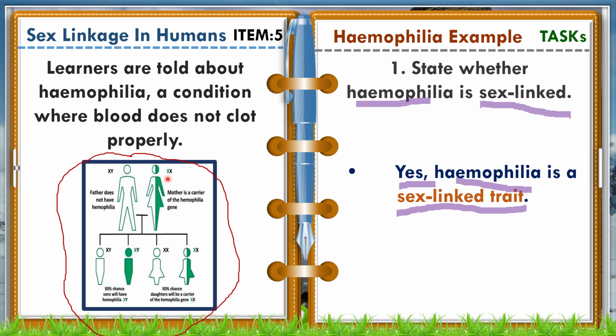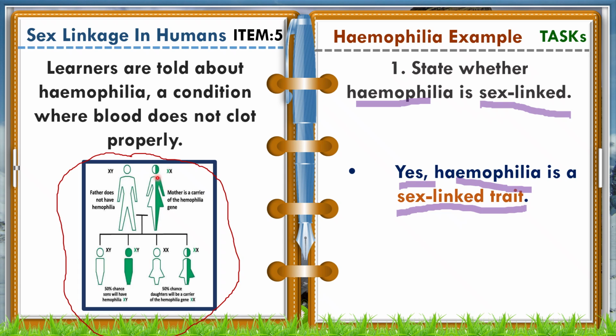Let us take this green gene to be an X chromosome that has the hemophilia trait or gene. So the mother is a carrier, but she's not showing the hemophilia trait, meaning that hemophilia is a sex-linked trait.